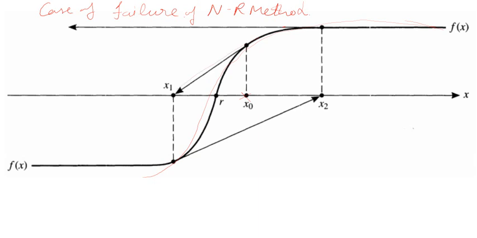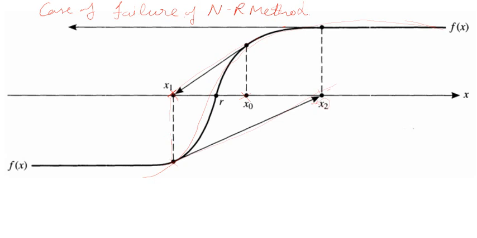Once you draw the tangent, it will intersect the x-axis here. Then you get the corresponding point on the curve, and if you draw the tangent to this curve, it will intersect here at x2. So the next step is x2.